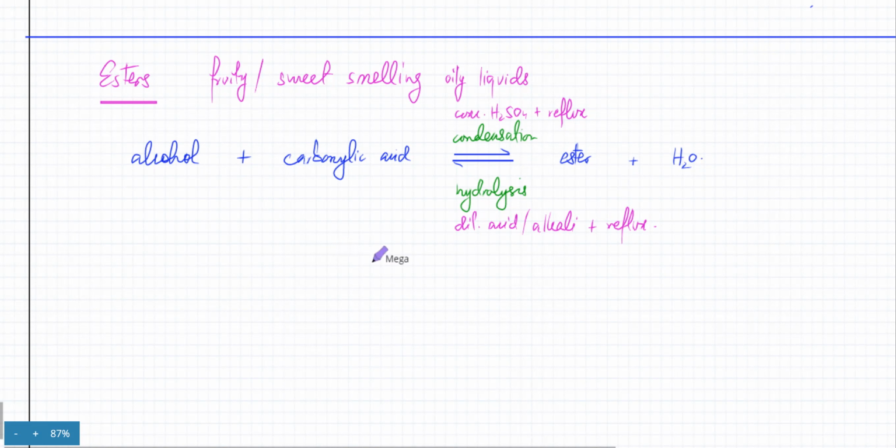The way this reaction happens is you take an alcohol, any alcohol. It has OH groups, and you have a carboxylic acid at the other side.